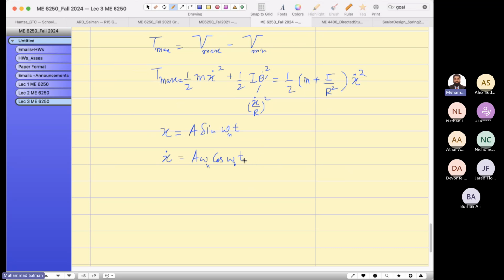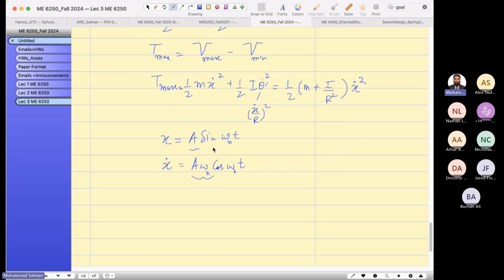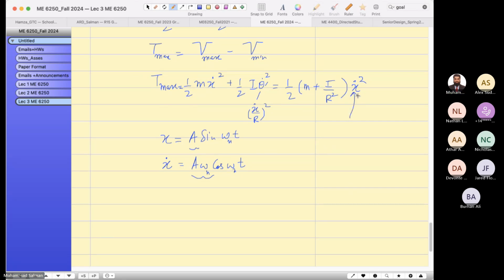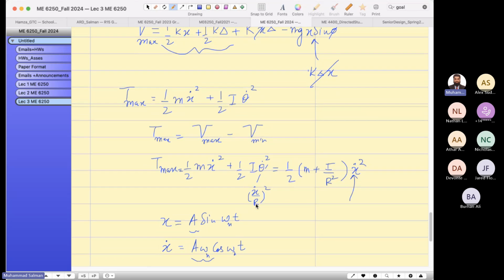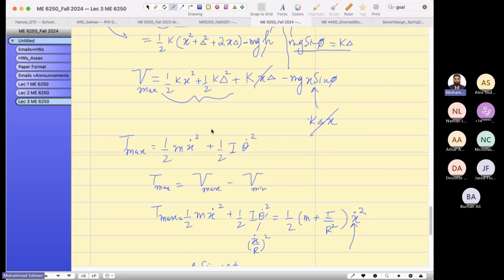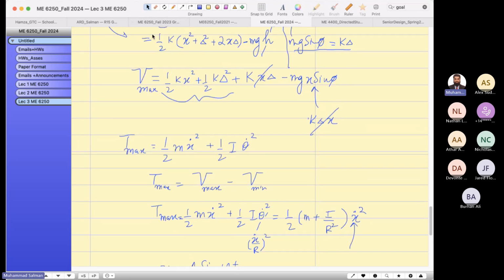So we take the amplitude here and plug it in over here. So half m plus I over r square, a omega n square. On the right hand side, let me just pick half k x.